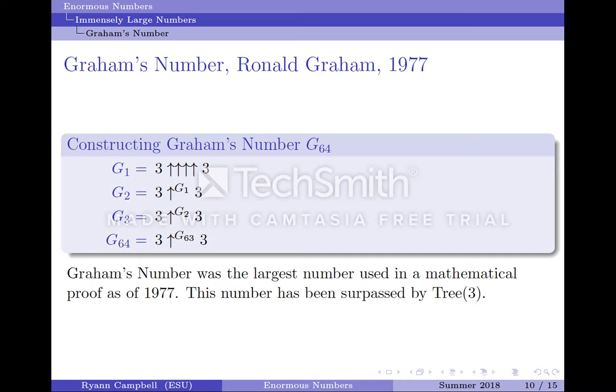I may have misspoken there. The number G3, that's how many arrows we use for G4. And then the number G4, that's how many arrows we use for G5. And we use this recursion to get the number of arrows, G63, that we use for Graham's number, which is G64.